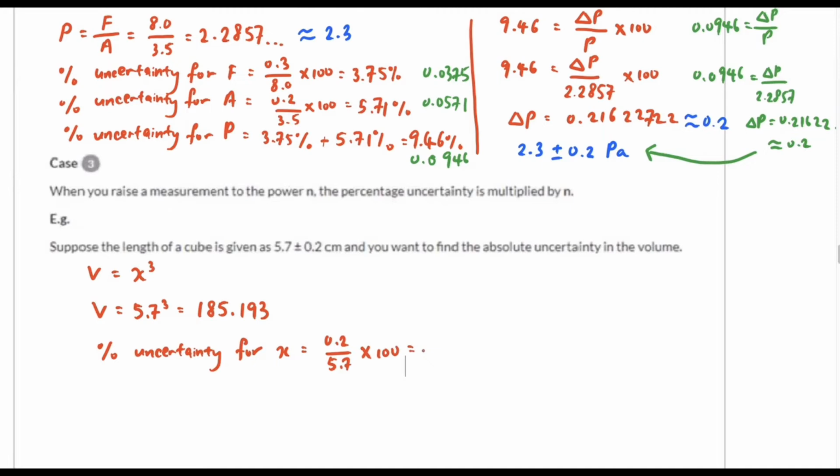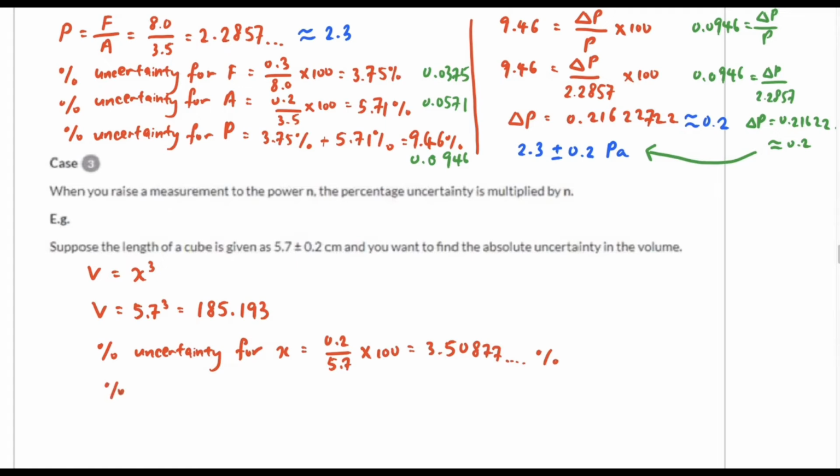This is the percentage uncertainty. So we get 3.50877 and so on percent.